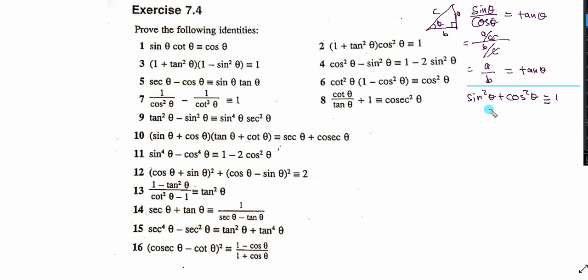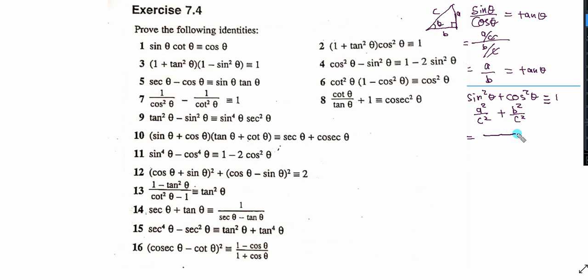Okay, now let's start off using this. Sine square theta basically is A square over C square plus cosine square theta, which is B square over C square.